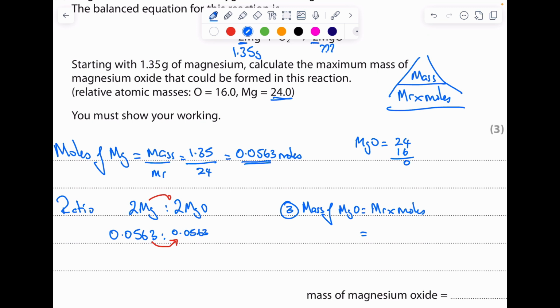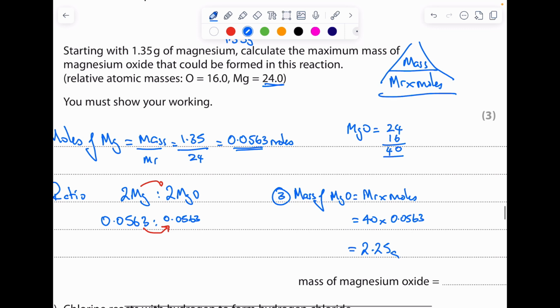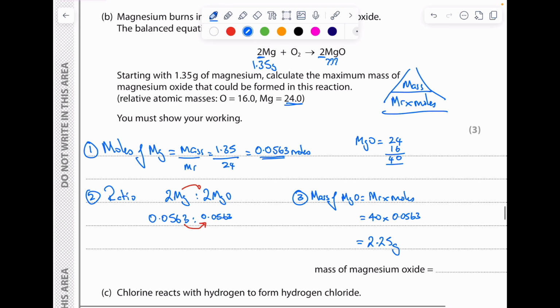So that's going to give me a total of 40 as the relative formula mass. So 40 times 0.0563, and I'm getting an answer here of 2.25. Just check, does it ask me to give any decimal places? It doesn't. So I've got 2.25 grams in there.